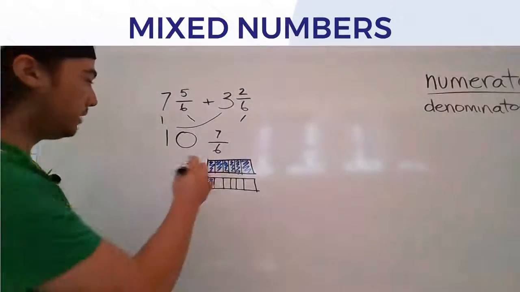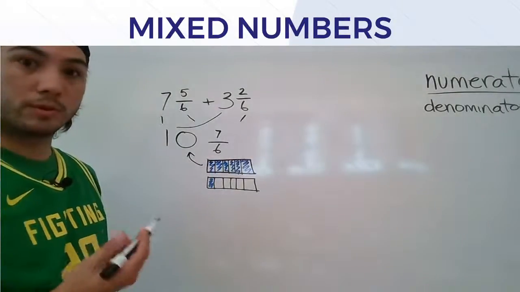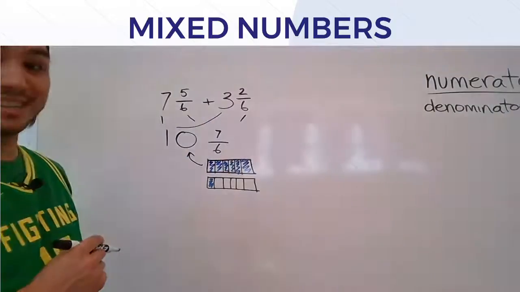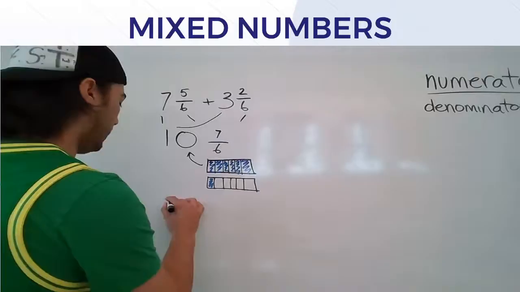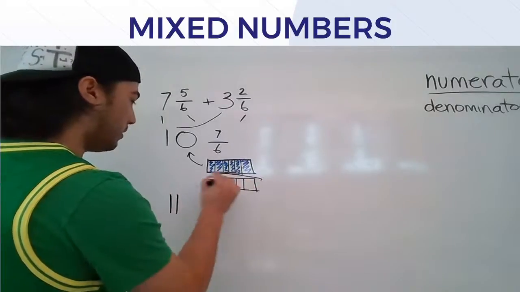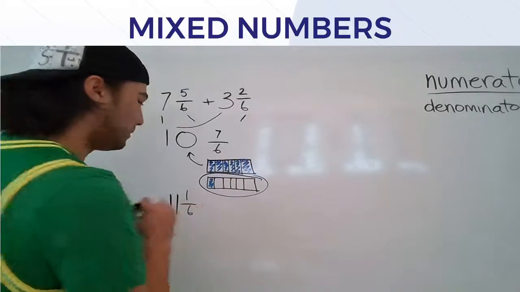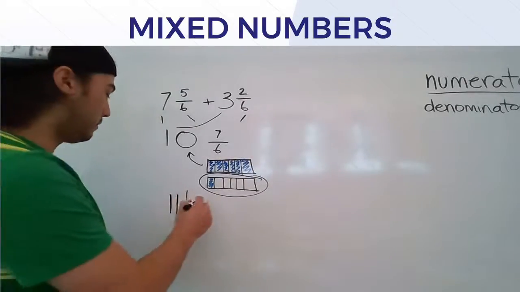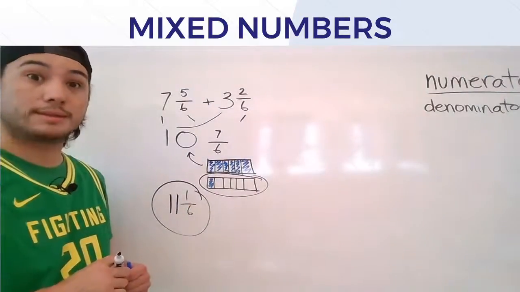Okay, so let's add this whole number to our whole number because we just made 1. So we've got more than 6/6. Okay, so 10 plus 1 is 11. And then here's our sixths left over. So we can say 1/6 for a final and simplified answer of 11 1/6.